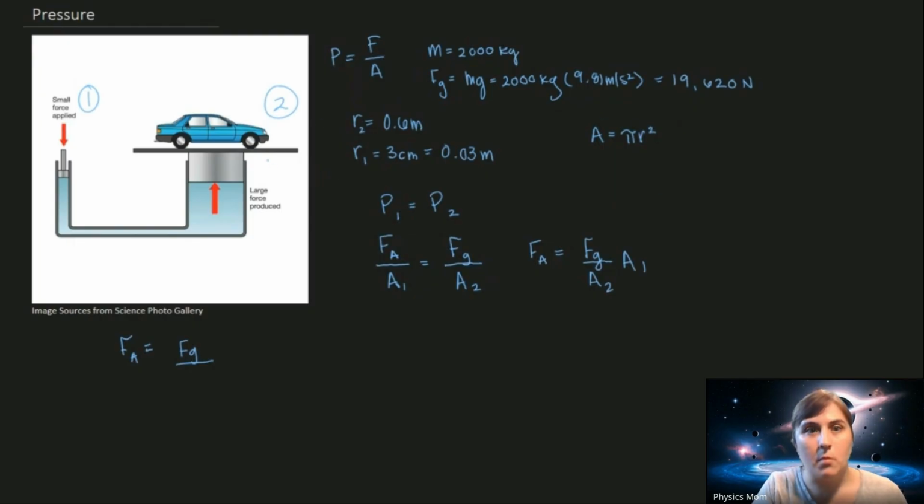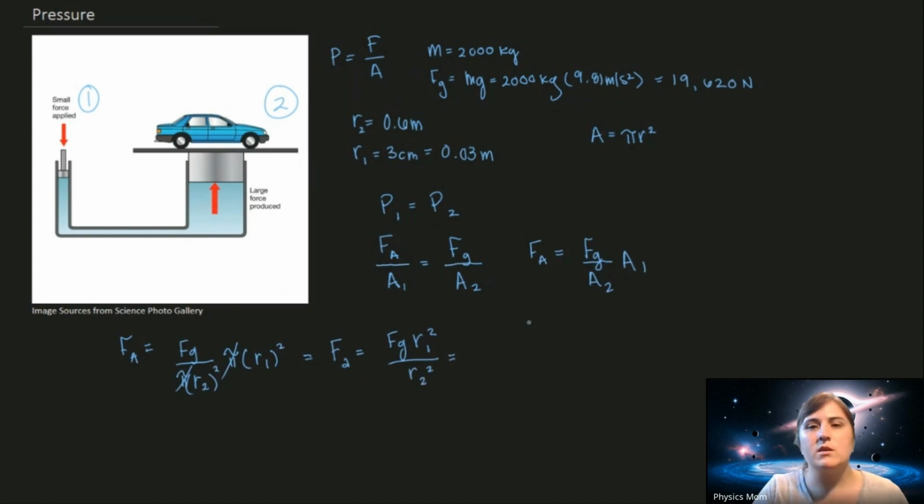The radius is much larger under the car, so we see how that affects the area. So it's pi R2 squared, times the area of the first one, pi R1 squared. We notice the pi's cancel. I can then rewrite the equation: the force applied equals the gravitational force times the first radius squared divided by the second radius squared.